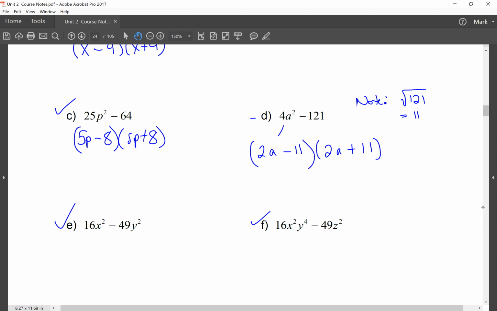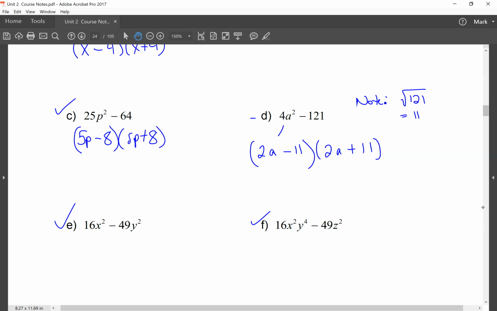It doesn't matter what order you put them in. Remember the properties, right? In math, A times B is the same as B times A. So it doesn't matter which binomial you write first.